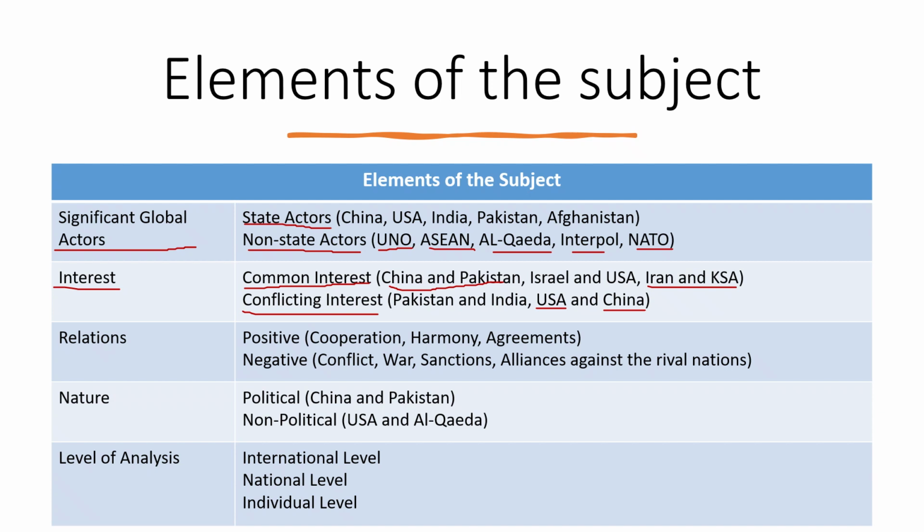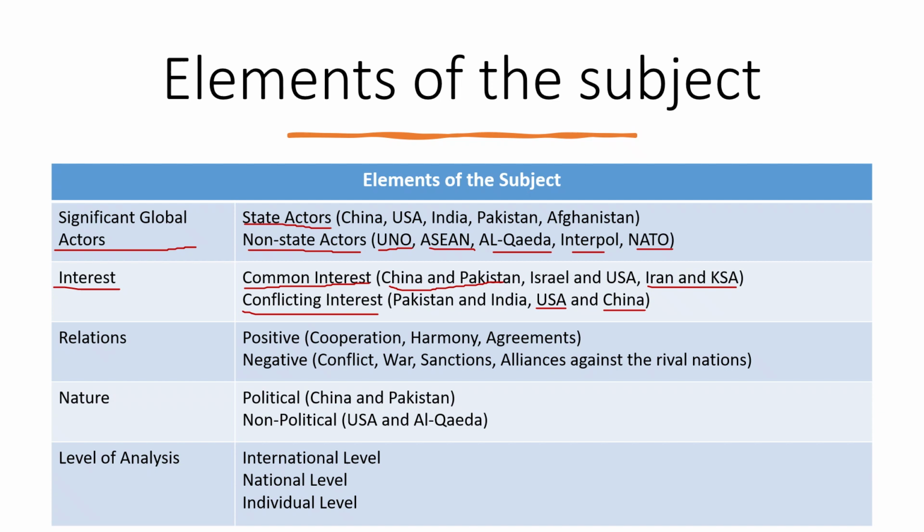We know that China and Pakistan have common interests. So what they're going to do, they would develop relations. If China and Pakistan have common interest, they would have positive relations.